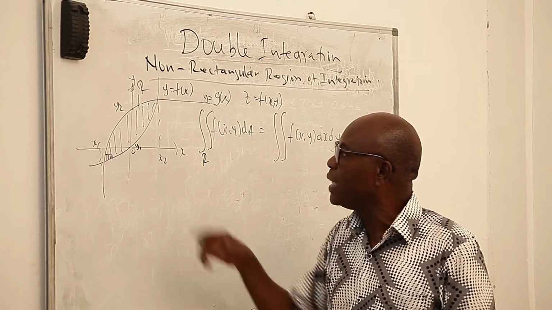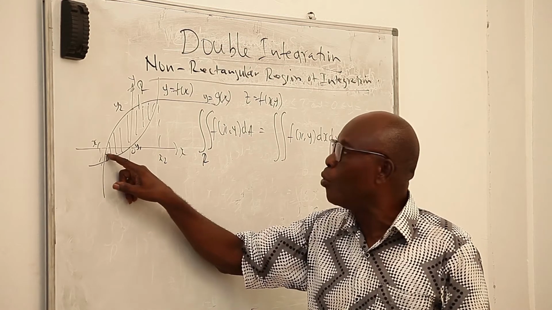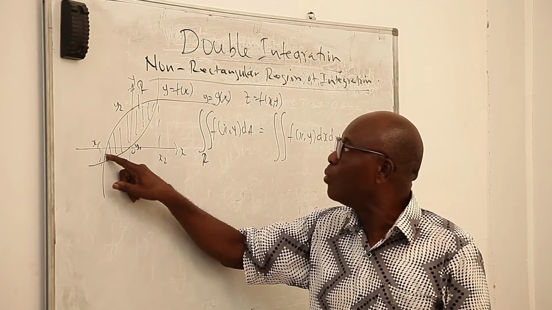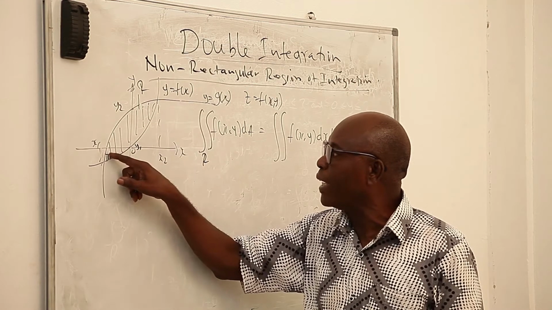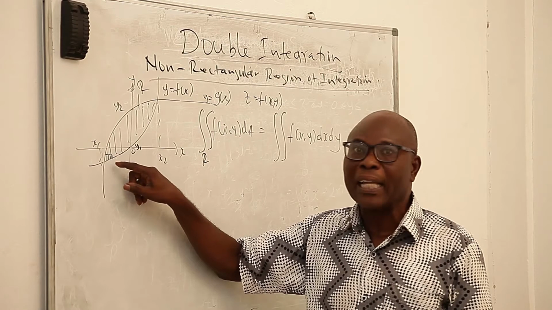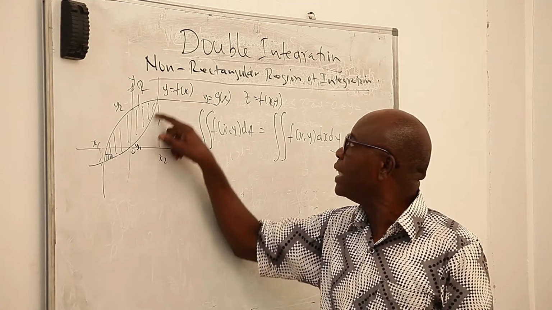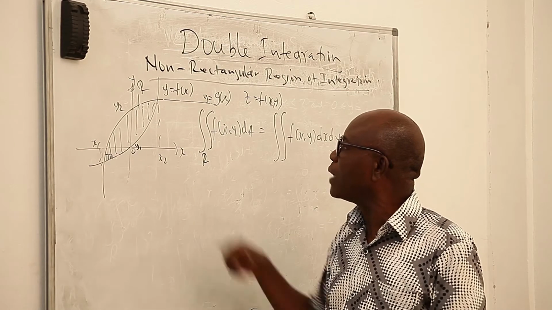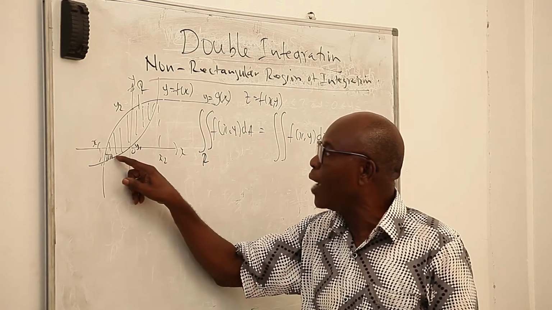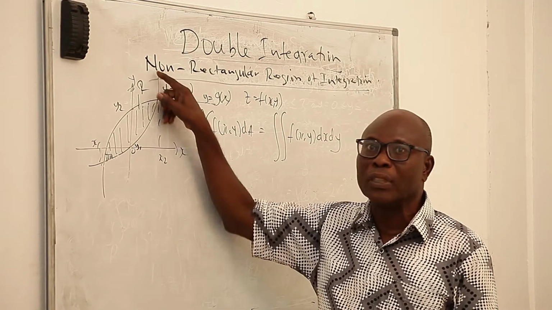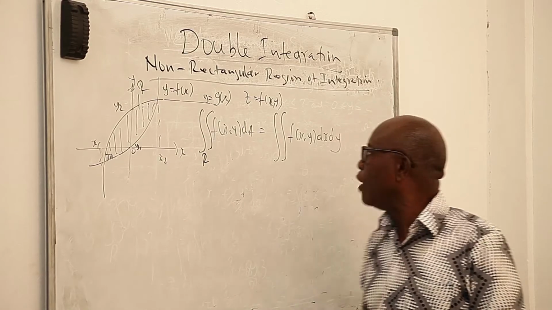And so our lower limit will be where we started, and we move along the x-axis until we hit the other curve.